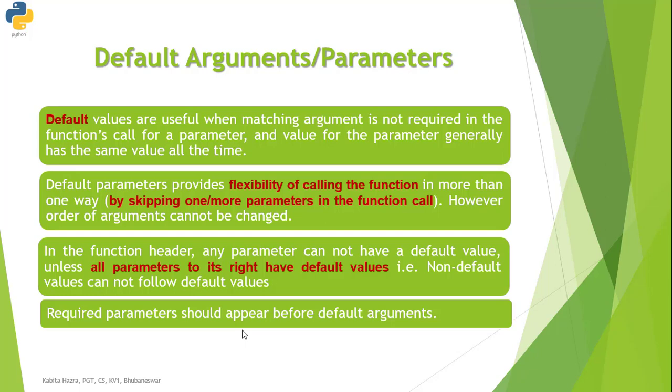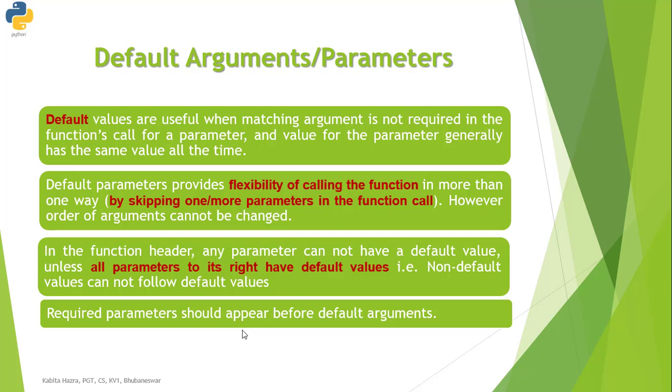Sometimes it may so happen that rate of interest has changed. So if we are passing the value for rate, then the passed value will be used, and if we are not passing, then the default value will be used. So this is how default arguments help us in skipping the parameters for which a default value is already assigned.